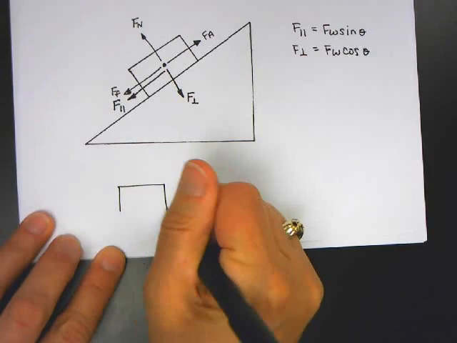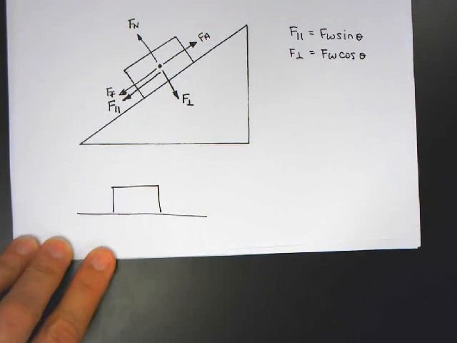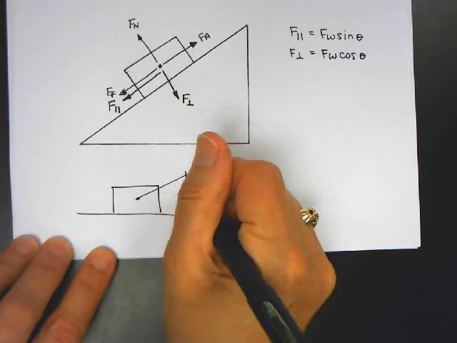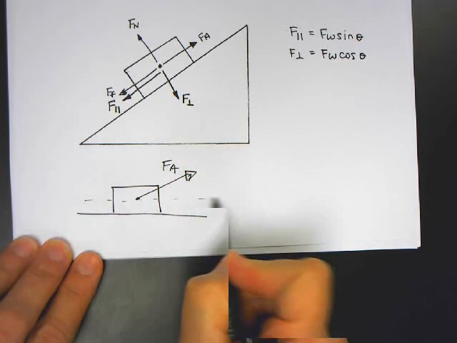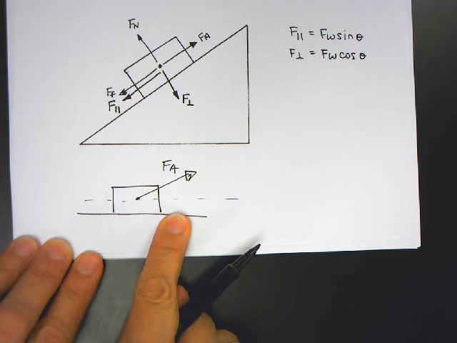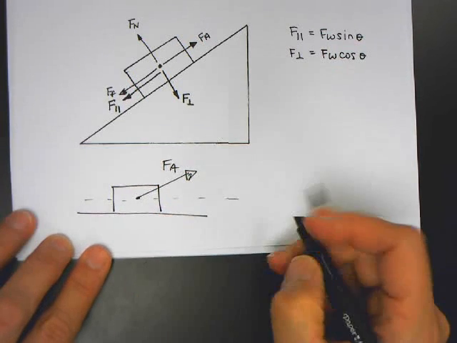Another thing we're going to see is if I have a block like this, and I'm pulling with an applied force, do you see how this is not perpendicular and parallel to the surfaces in contact?